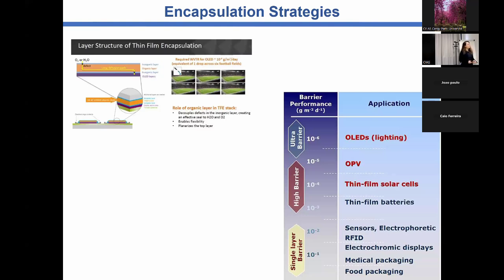So in terms of curiosity, here is just for OLED, the water intake is around 10 minus 6. So it's equivalent to one drop across 6 football fields. So if you have 6 football fields of extension, just one drop is the correlation between the amount of water that is in contact with the organic compound.